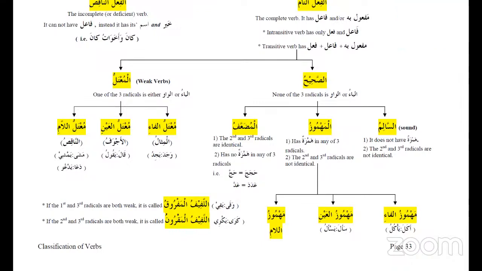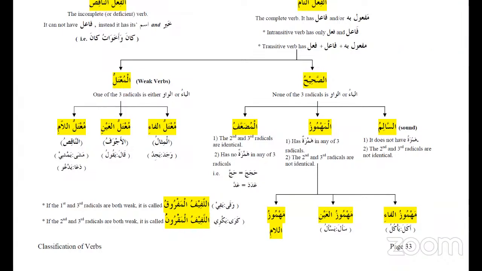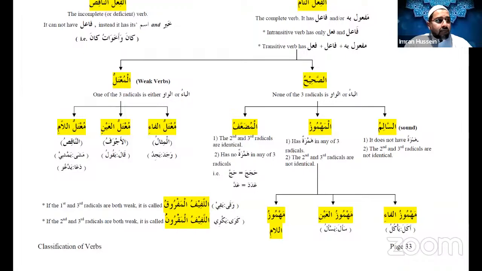So you have two examples of mu'tal al-ayn, like qawala, and the other example is ba alif ayn. Bay'un means buying, buying and selling. Bay'tu, I sold. Ba'a, he sold. So ba'a yabi'u is the example of the ya there.